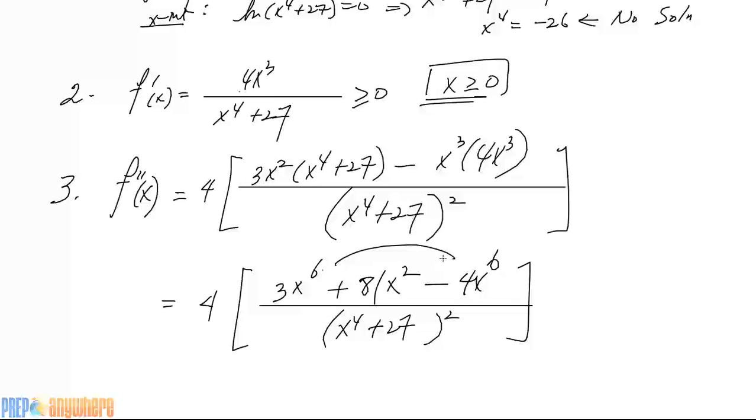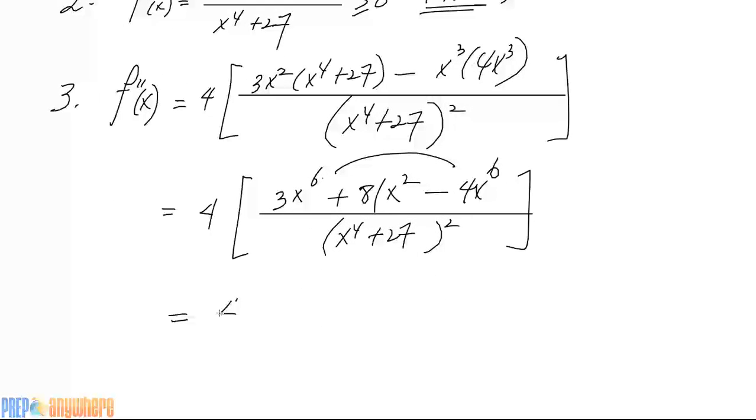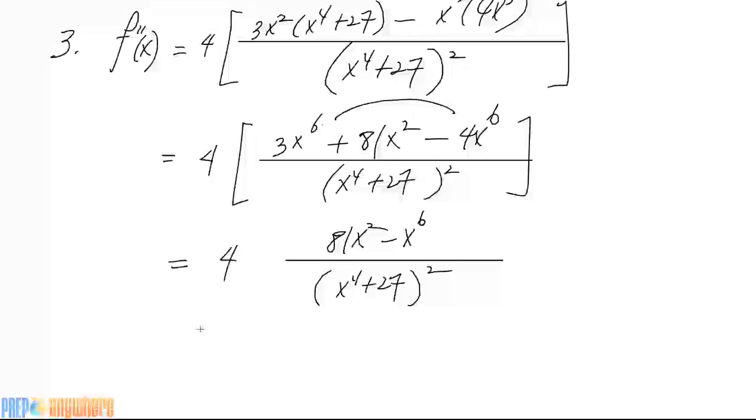Okay, let's combine these two. And then you get 81x squared minus x to the power of 6. Okay, let's factor out what we can, which is x squared. And you get 81 minus x to the power of 4.